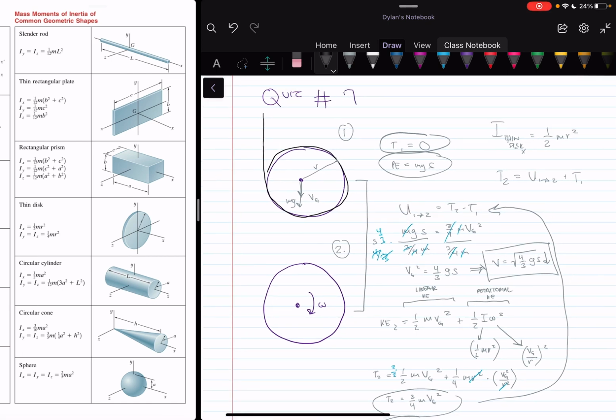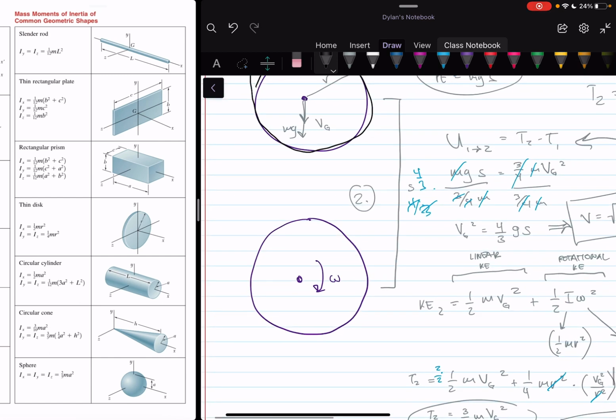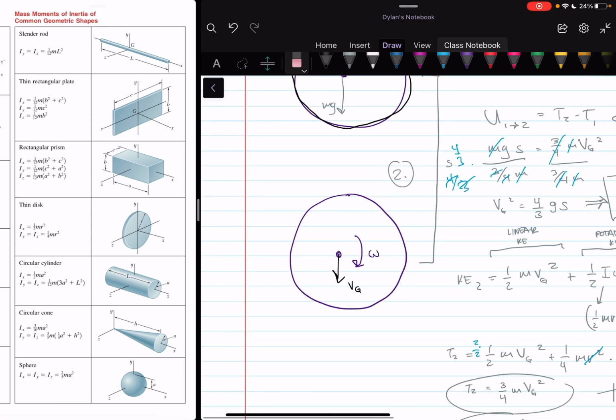We know that there's a weight of the disc acting on it and going downward, and we know that there's a velocity. The VG should technically be down here, and we need to figure that out.